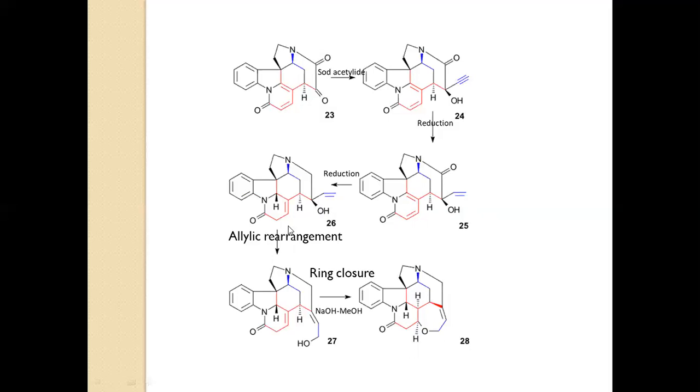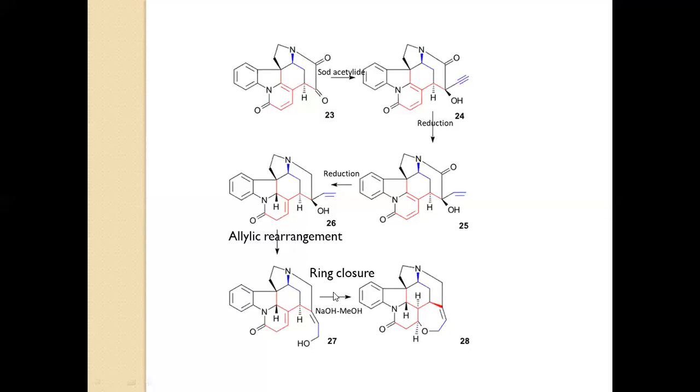That is basically called as allylic rearrangement. What is allylic rearrangement? In allylic rearrangement, the position of the double bond shifts to the other position automatically. The position of the hydroxy group changes. Here the pi bond shifts to this carbon and hydroxy shifts to this carbon. Thus, a double bond is present here, hydroxy is formed.